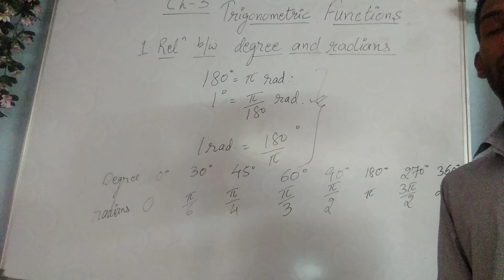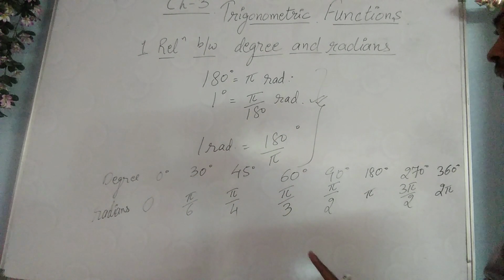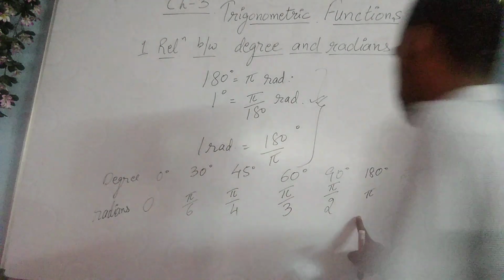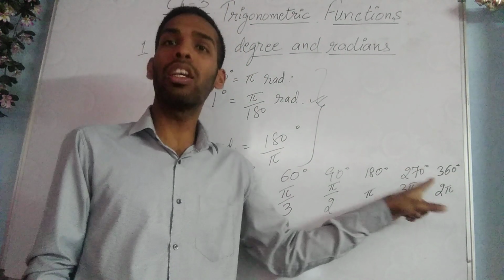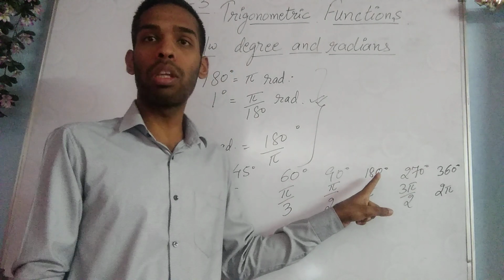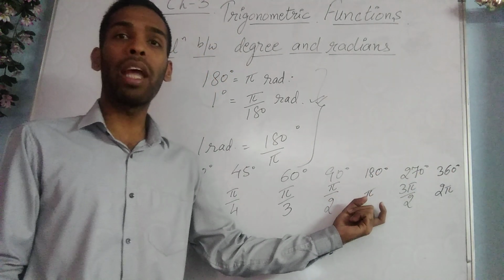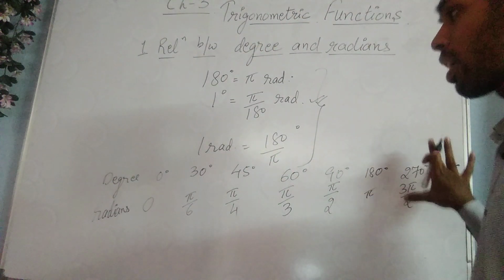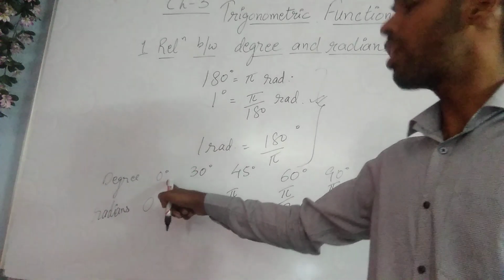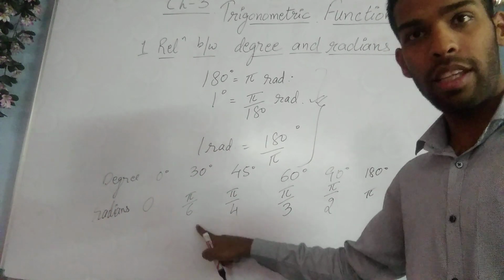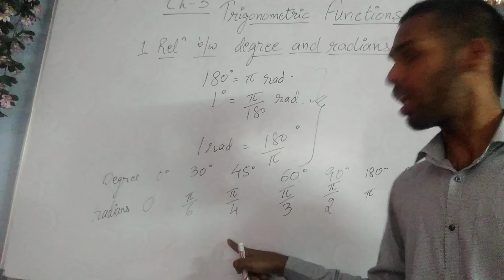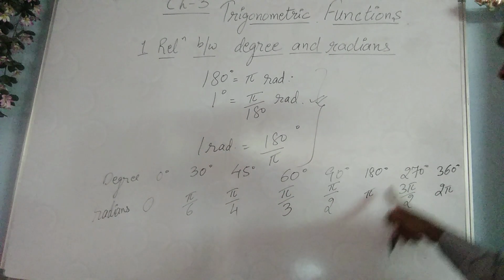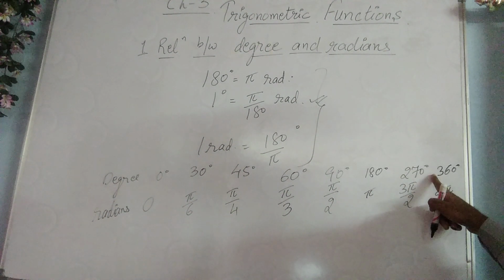To make you understand, I can give the explanation: see, if 180 degrees equals pi radians, friends, then what is 360 degrees? Just double. If you double 180 degrees, multiplying by 2, you get 360 degrees. Similarly, if you multiply pi by 2, you get 2 pi radians. So here you have all these conversions of degree into radians, that is 0 degrees equals 0 radians, 30 degrees equals pi by 6 radians, 45 degrees equals pi by 4 radians, 60 degrees equals pi by 3, 90 degrees equals pi by 2, 180 degrees equals pi, 270 degrees equals 3 pi by 2, and 360 degrees equals 2 pi.